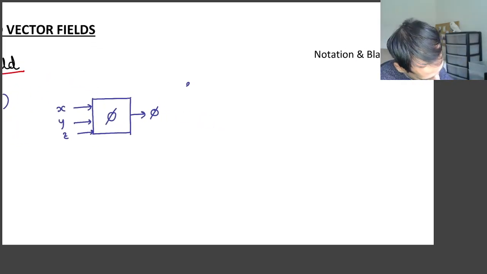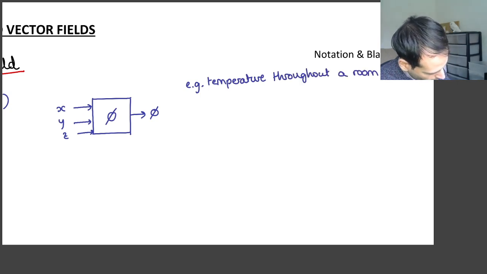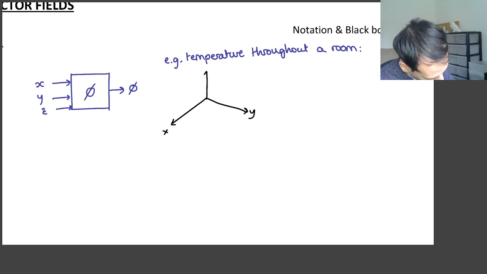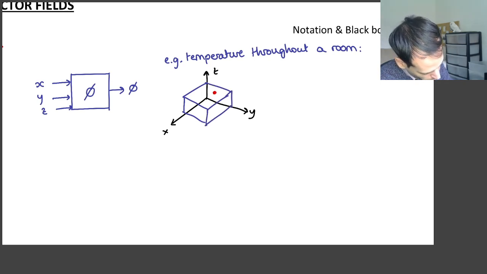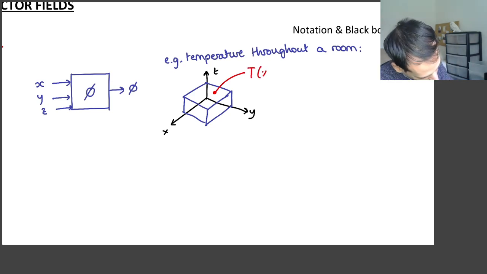So, for example, temperature throughout a room. Okay, so imagine we have a room defined in 3D with x, y, z. So the room is some sort of cuboid. And at each position within the room, for each position vector, we can define a temperature, T of x, y, z.